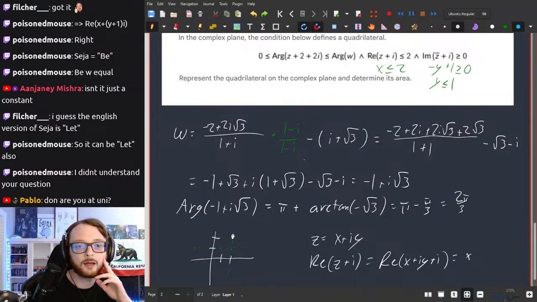Mouse, how I'm reading the conditions is the second condition tells us x should be less than or equal to 2. The third condition tells us y should be less than or equal to 1, which means we're down here in this region. But then the first condition feels like we need to be outside of that region up here. And so I don't know what to draw.